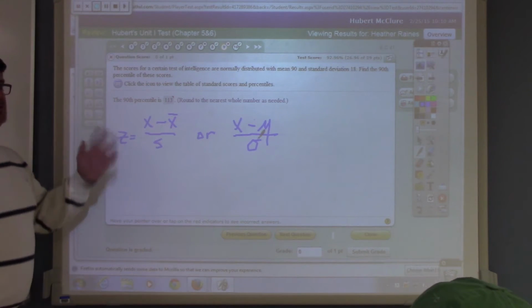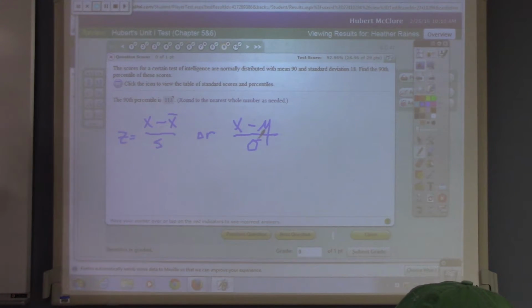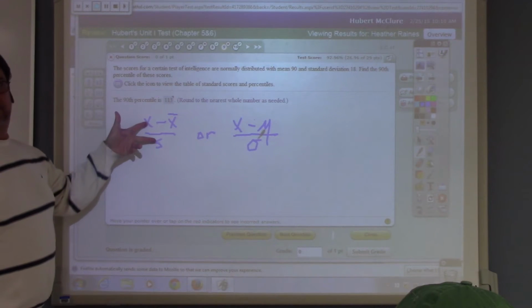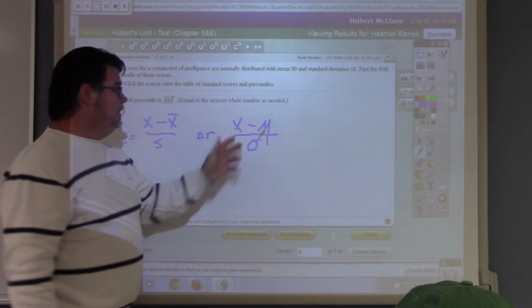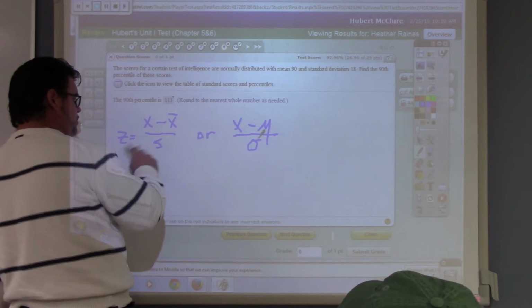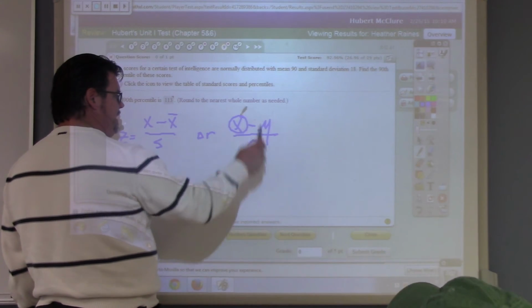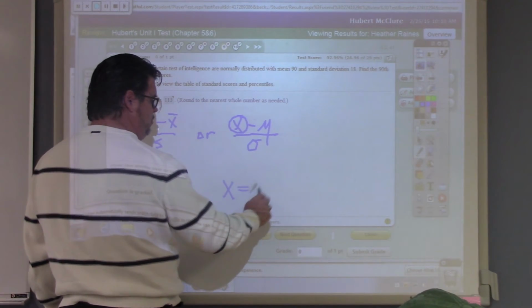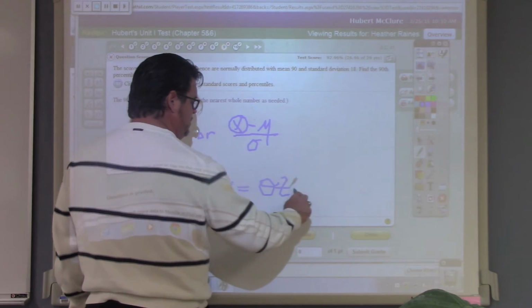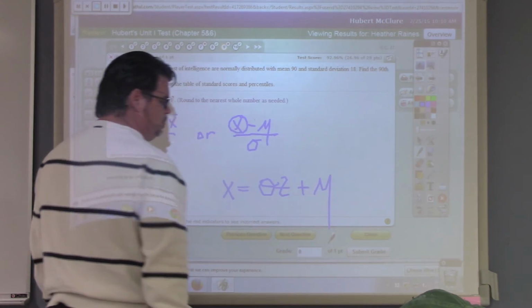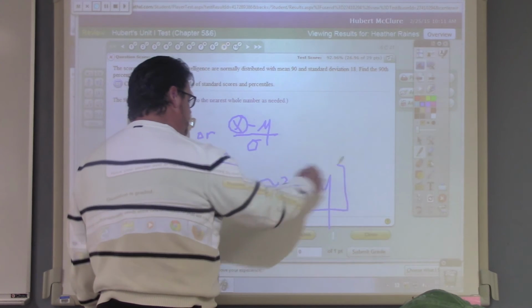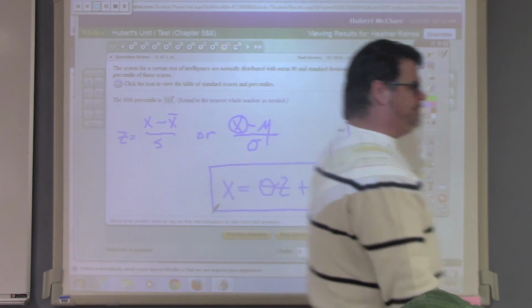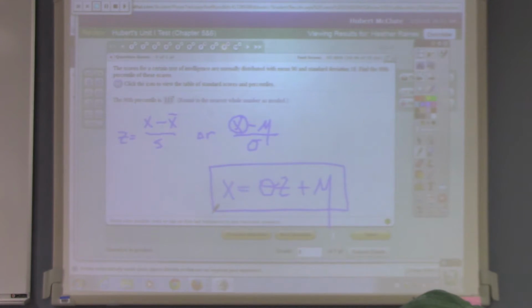All right, both of those are the same. Now, I couldn't come up with a fancy phrase with this one, so I'm using this one, okay? And if I solve for x, I get x is equal to σz plus μ. And that is the formula you use on this one.